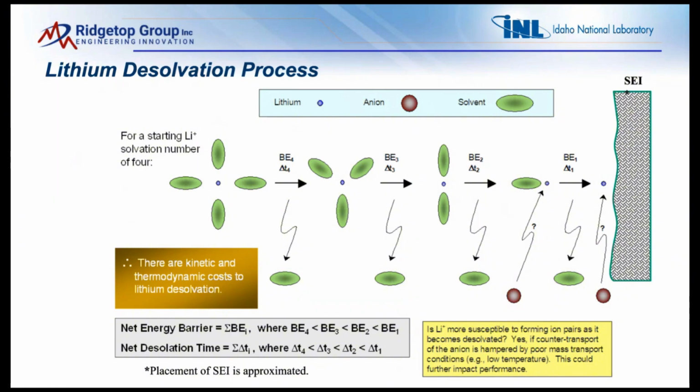As you go toward the right, the standoff distance between solvent dipole and lithium becomes lesser, they get closer together, so the binding energy that has to be broken becomes higher. So between the first solvent and the last solvent is an increase in the cost of binding energy to desolvate the lithium, and an increase in the related desolvation time. Okay, next.